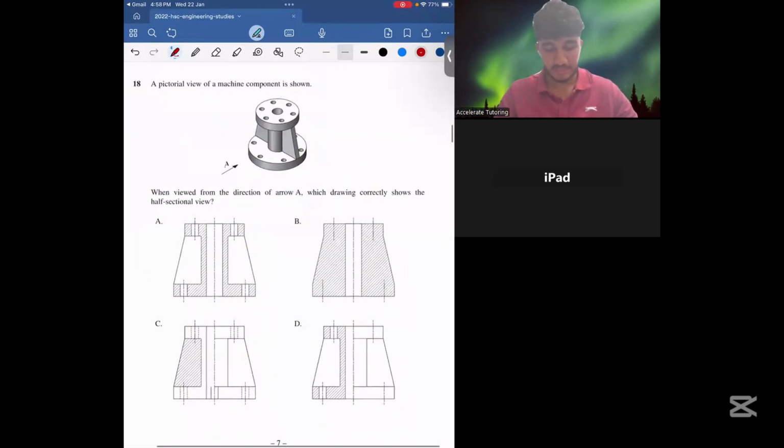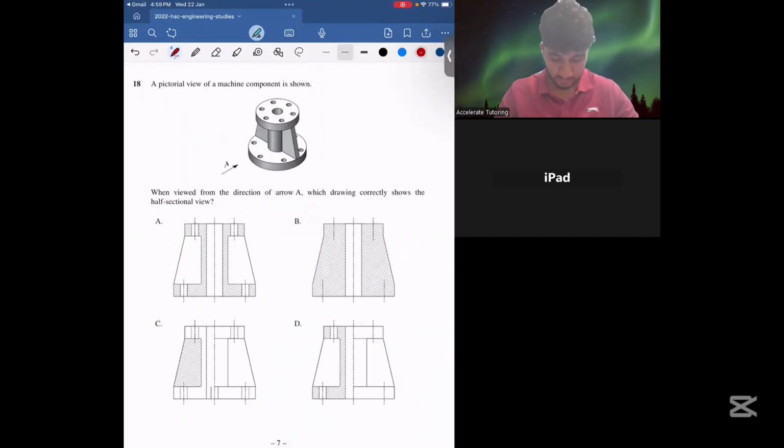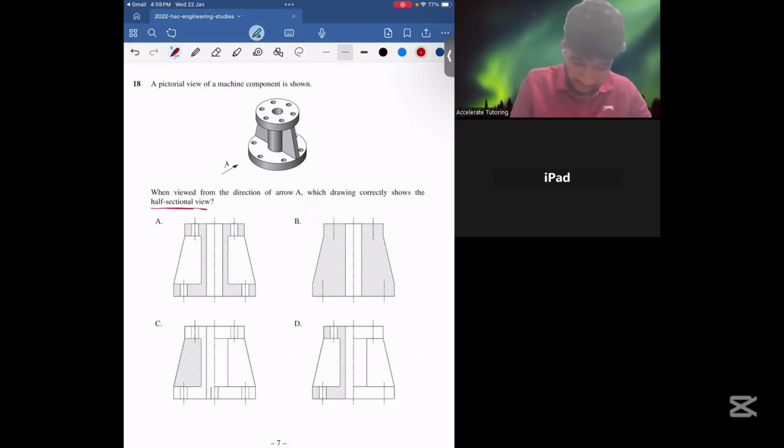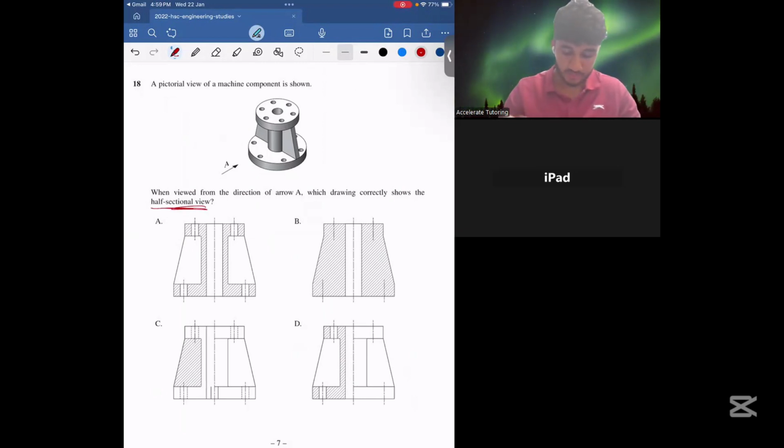In question 18, it says a pictorial view of a machine component is shown. When viewed from the direction of arrow A, which drawing correctly shows the half section view of this diagram? The first thing is we want to see it from this direction, and we only want to look at half of the drawing. So options A and B aren't the answer because they show the full view.